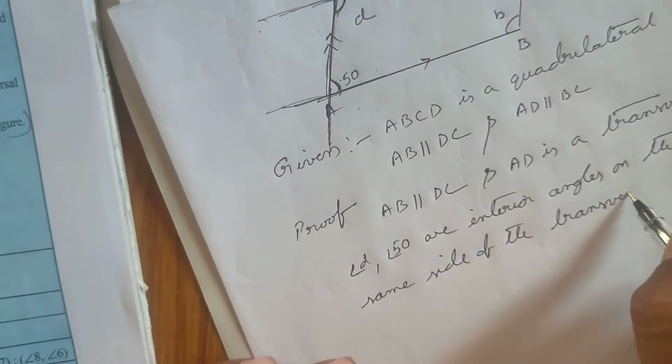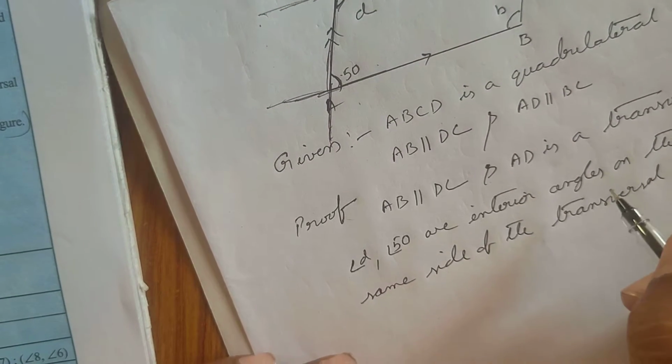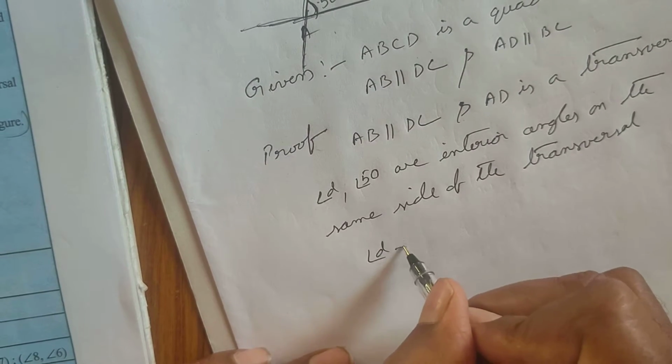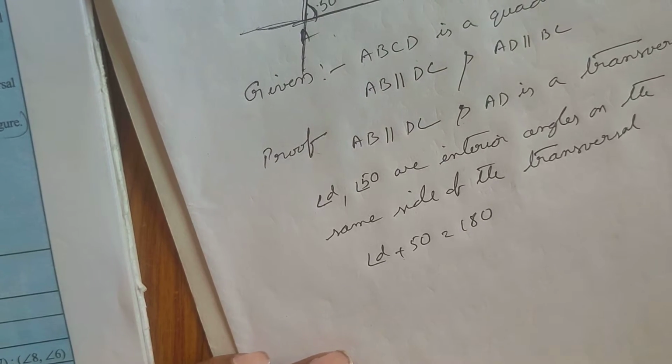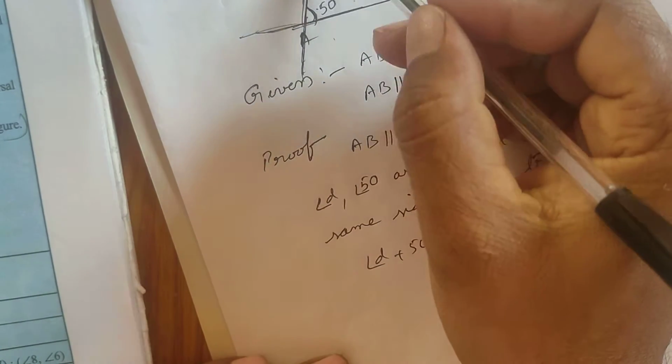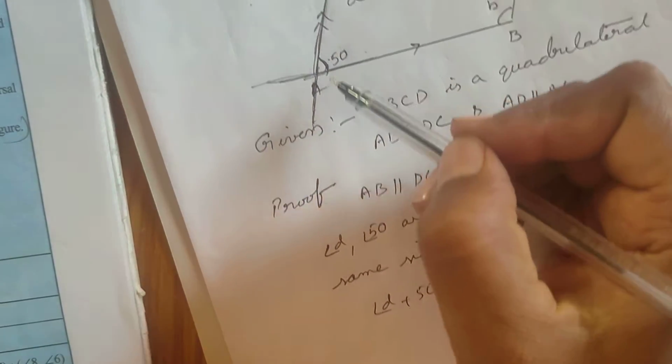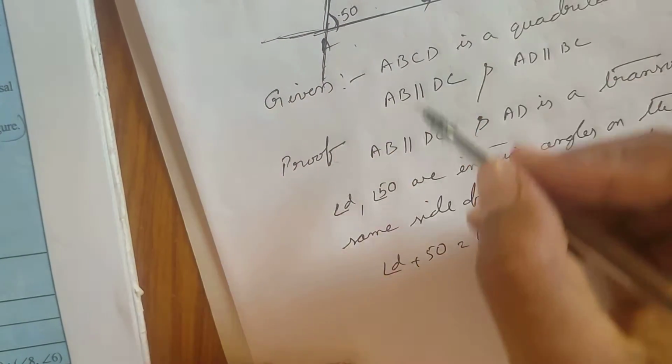According to this, you can write angle D plus 50 is equal to 180. We know that the sum of interior angles on the same side of the transversal is 180. So if you add these two, you have to get 180.